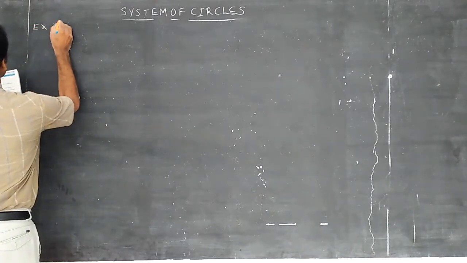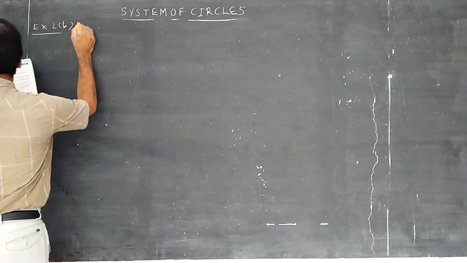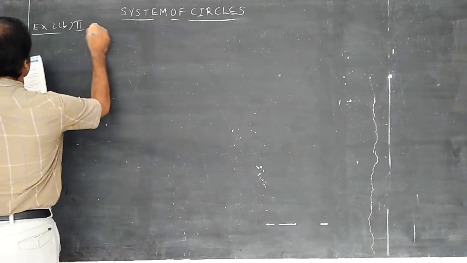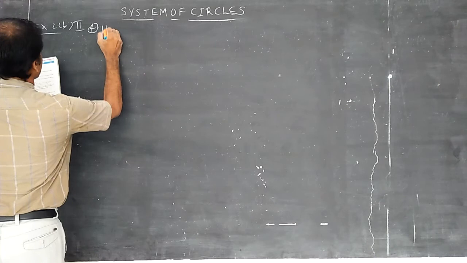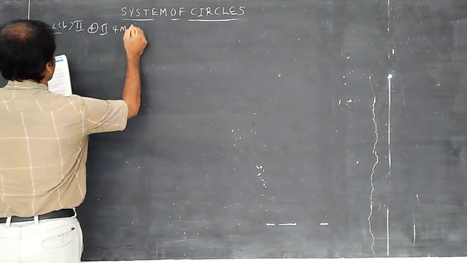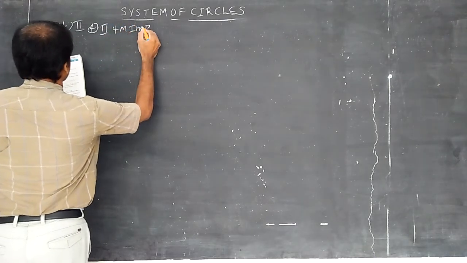Exercise 2B, Roman number 2, fourth one, second question, 4 marks INP question.